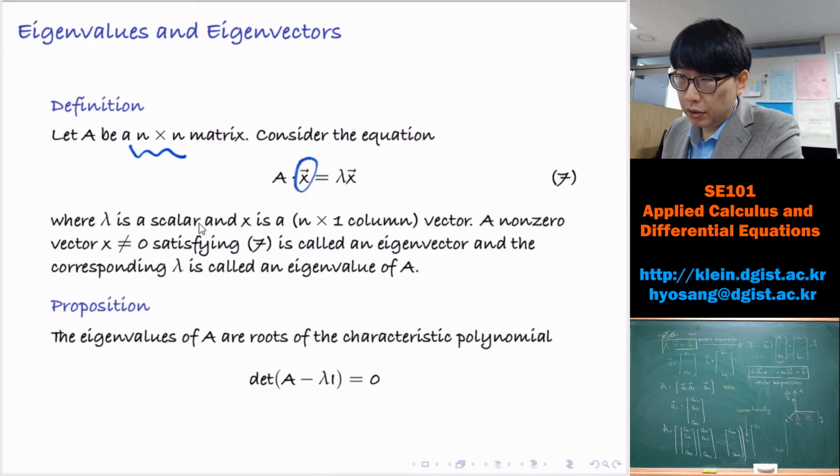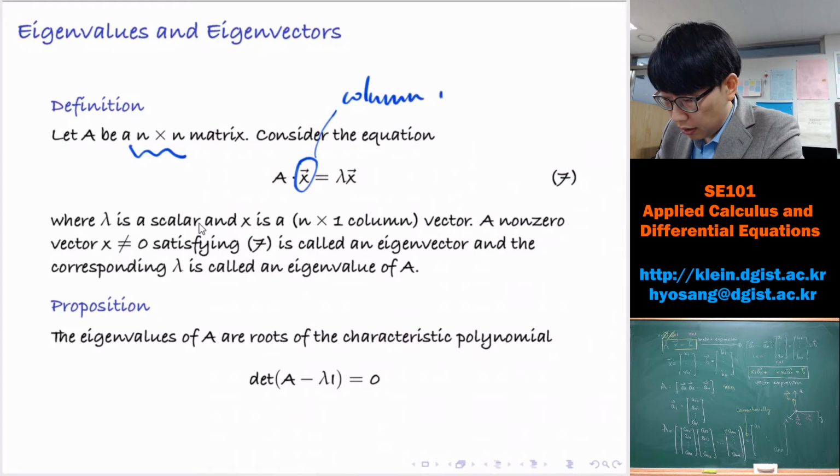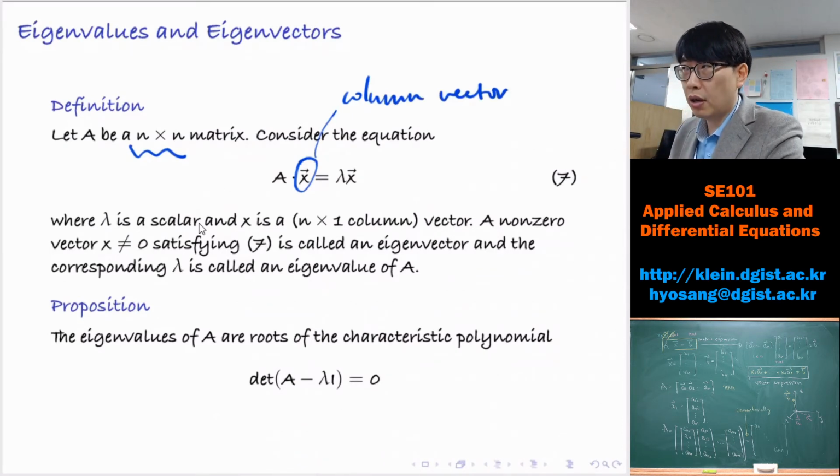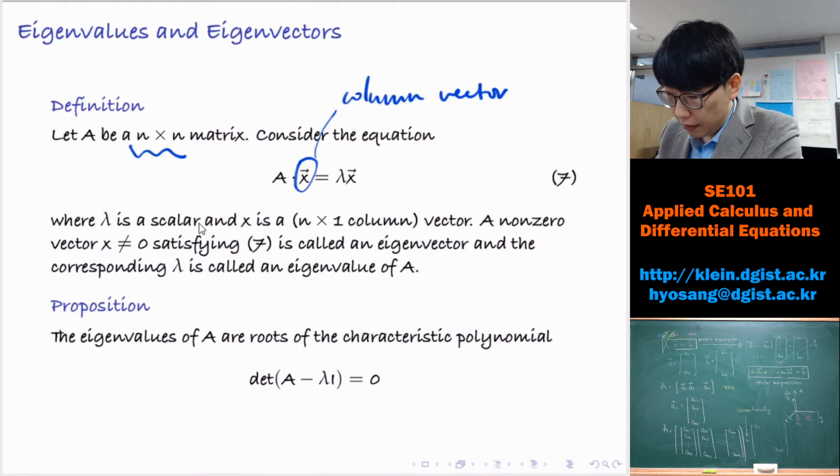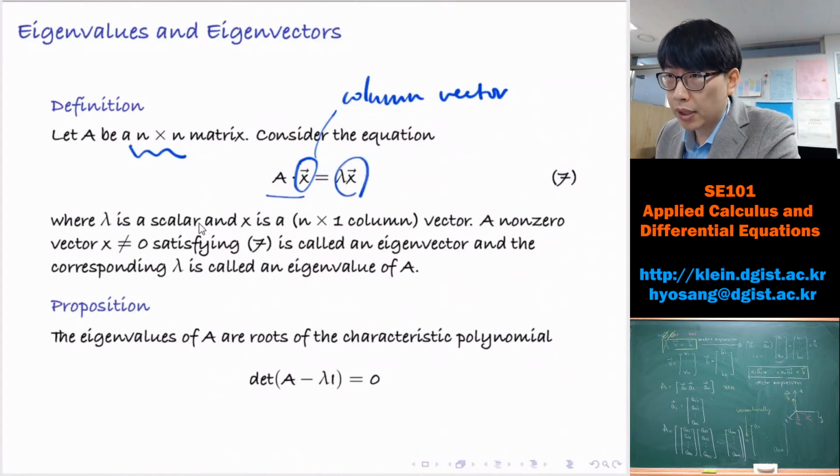This is a vector, which means that this is a column vector. When I take the column vectors in matrix multiplication, it always represents a column vector, okay? And suppose that A times x equals some constant lambda times x. Then this lambda is called an eigenvalue, and x satisfying this equation is called an eigenvector associated to this eigenvalue lambda.